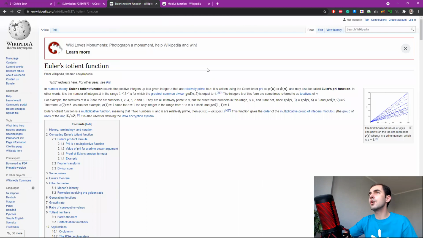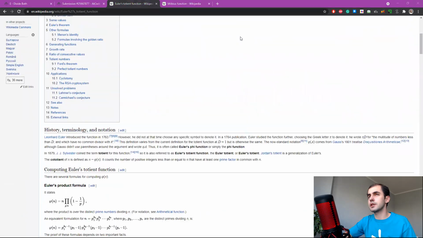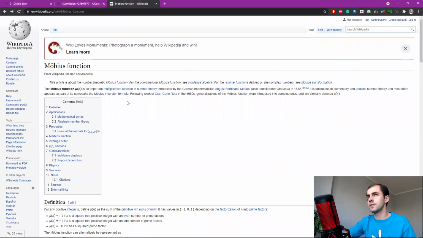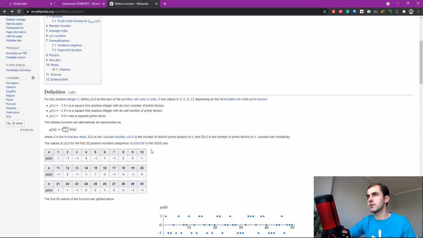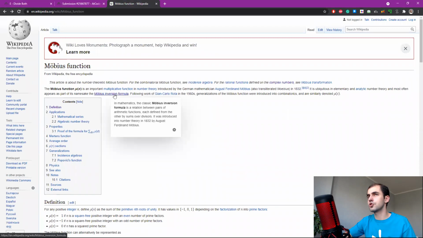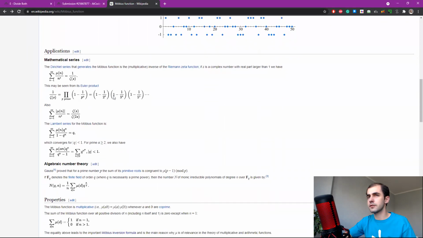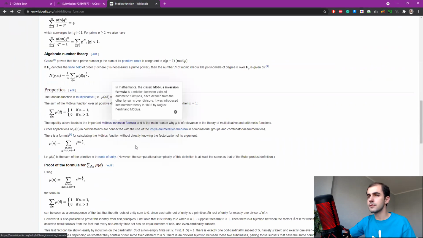But then you may know, if you've taken some number theory course, but I assume that you don't, because that's a rare knowledge, that certain sums with Euler function get translated very nicely into Möbius function, because there is a thing called the Möbius inversion formula that transforms certain sums into nicer looking sums with Möbius function.